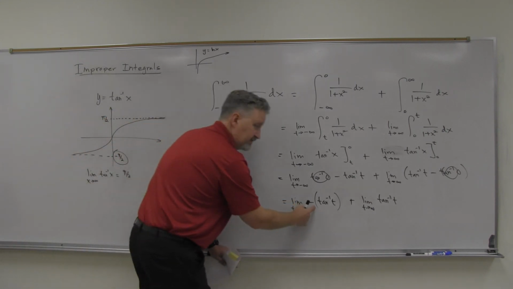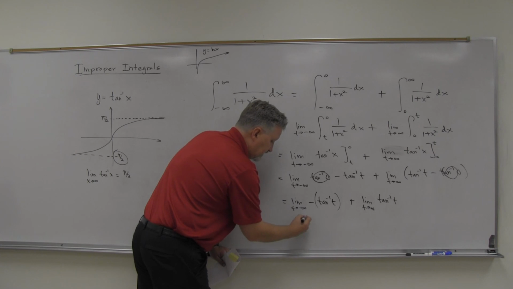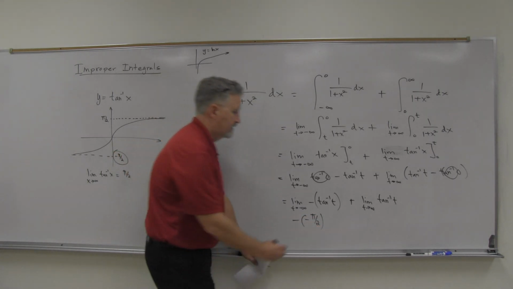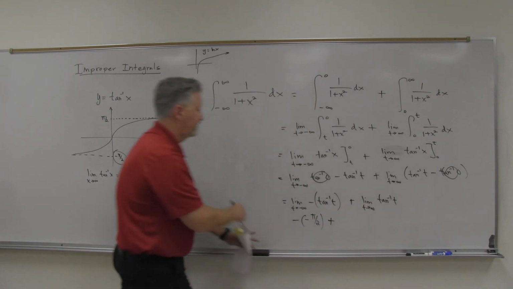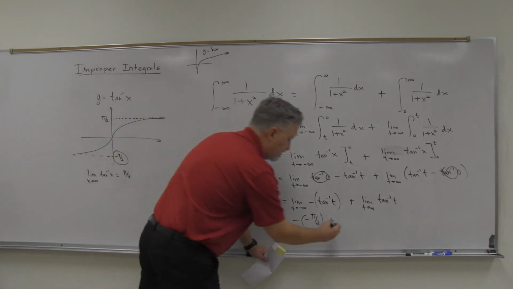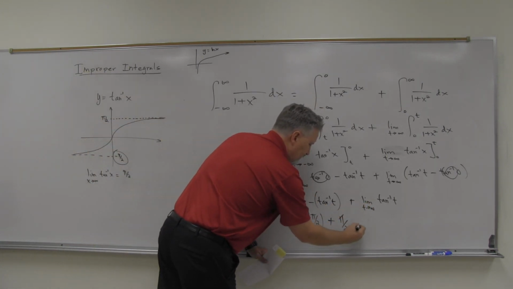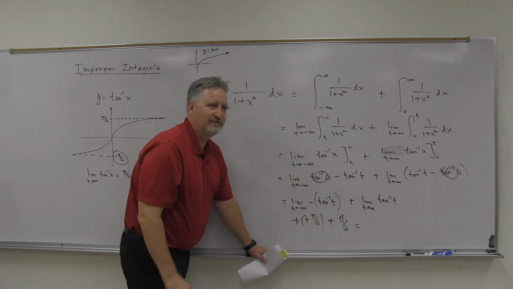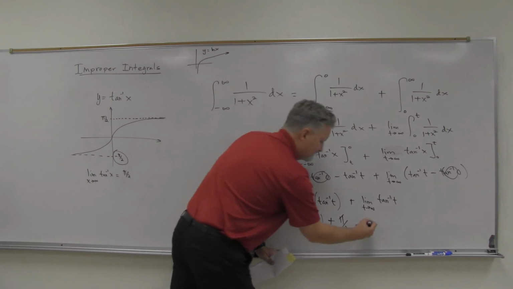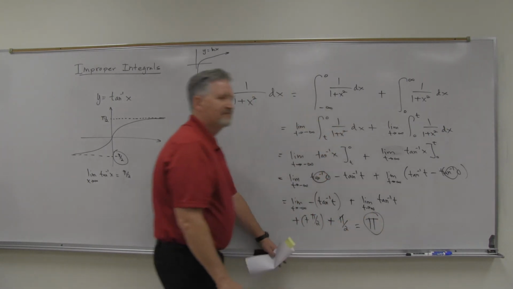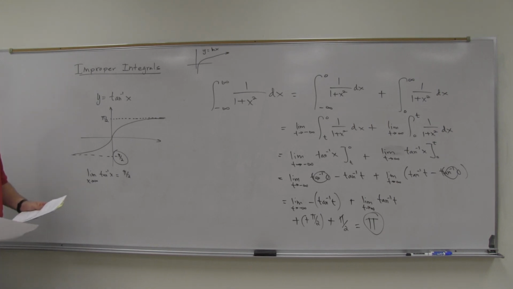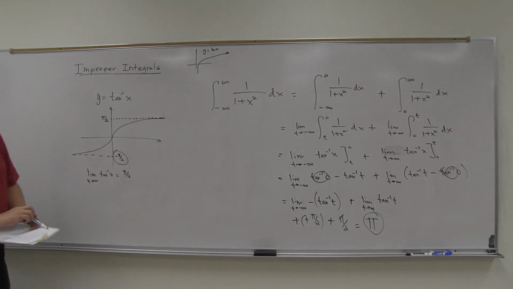But we've got the negative here, so we've got positive pi over 2, right? Plus t goes to infinity, well that goes to positive pi over 2. So what do we got? Pi over 2 plus pi over 2. Pi. That's pi. Okay. Good on that?